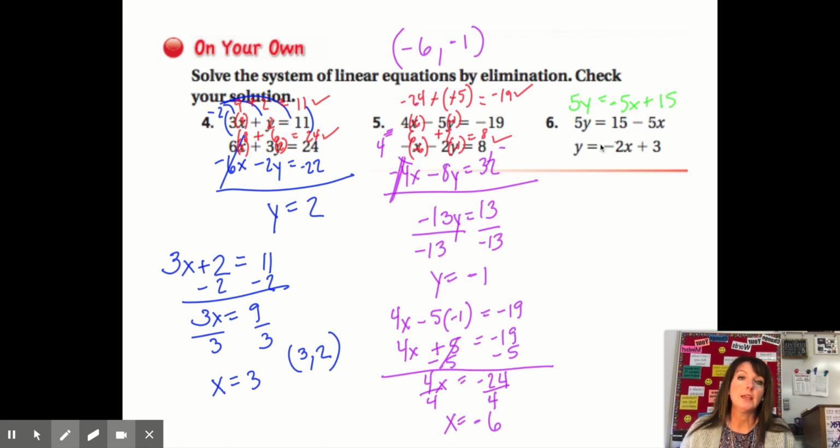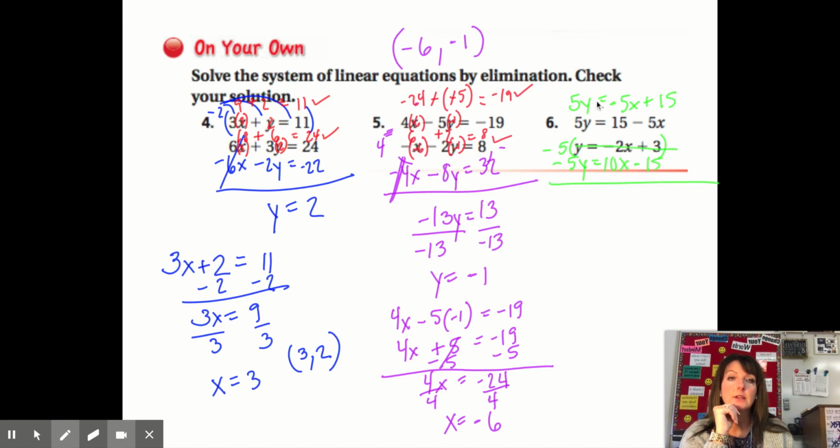Again, I need to multiply, let's multiply this by negative 5, okay? So negative 5y is equal to positive 10x minus 15.